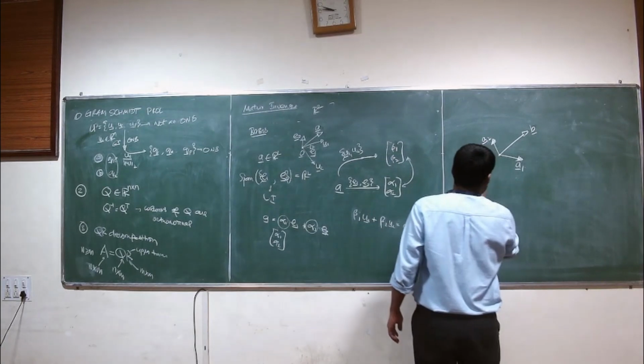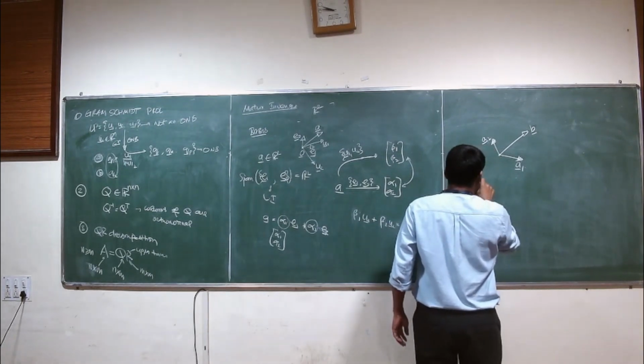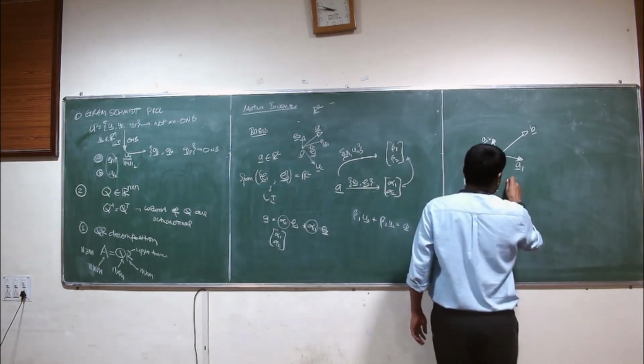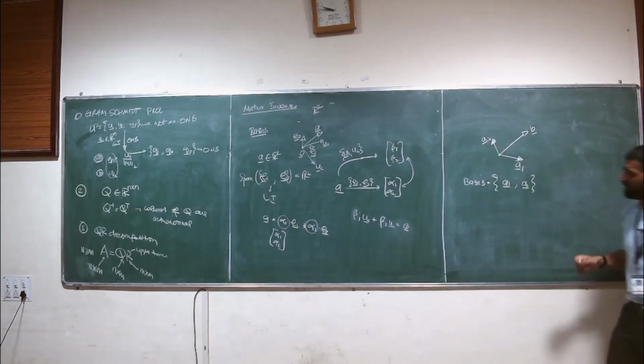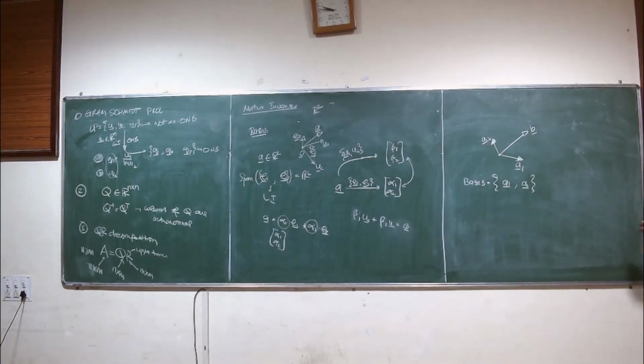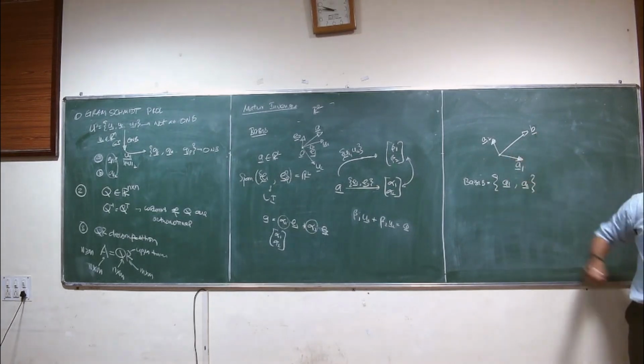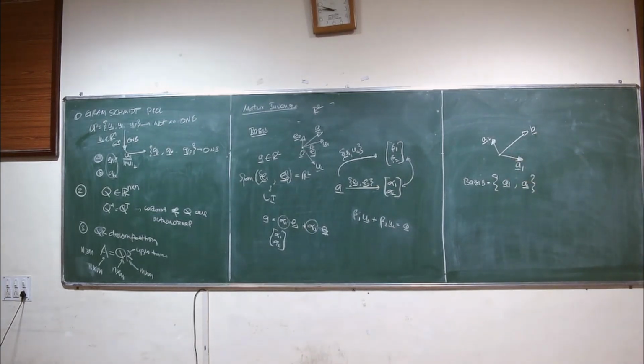So my basis is this set A1, A2. Now I ask you, can you find the representation of B in terms of A1 and A2? How would you do that geometrically? I'm asking you what those numbers will be. How will you find out those numbers geometrically?